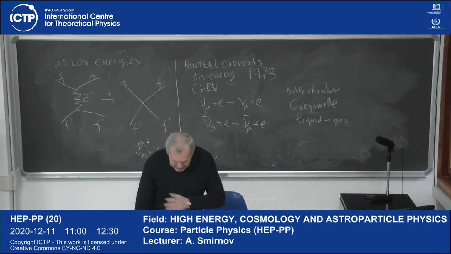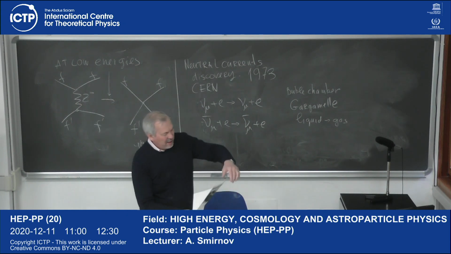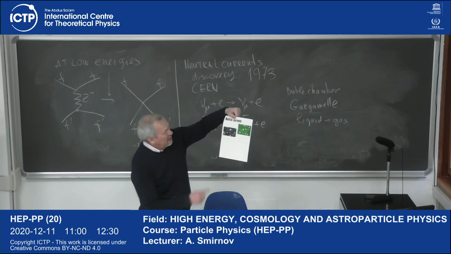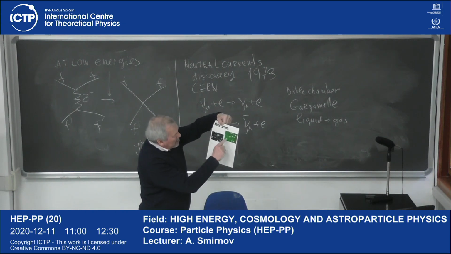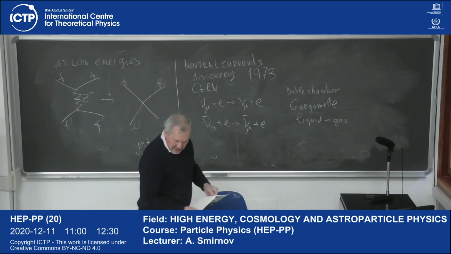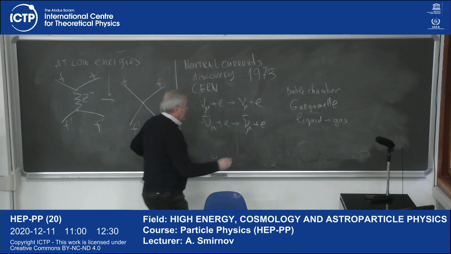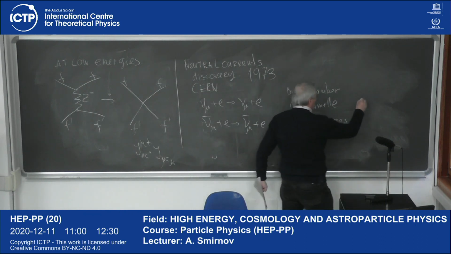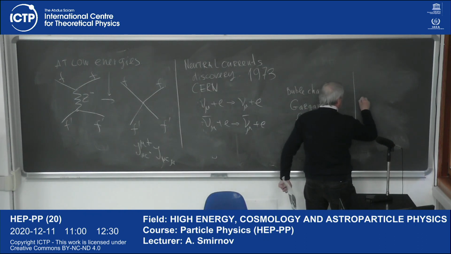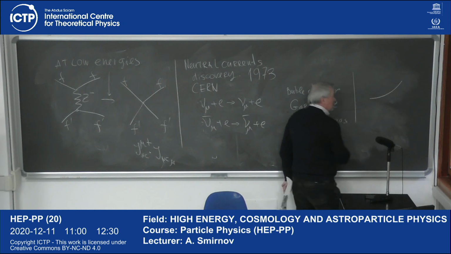Okay? And so what they saw in this bubble chamber, the tracks which you see here, just some simple track. So what they saw are events of the type like this.